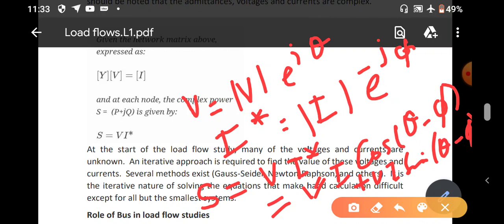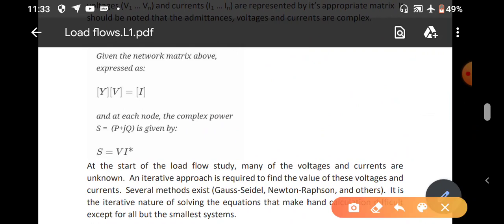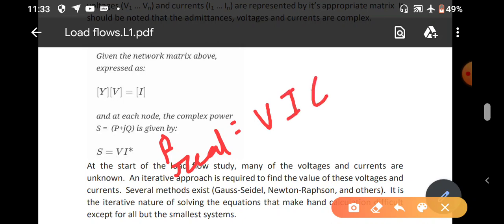Now if we separate the complex power in terms of real and reactive power, we will find the real power P equals V I cos (theta minus phi), which we all know is correct.